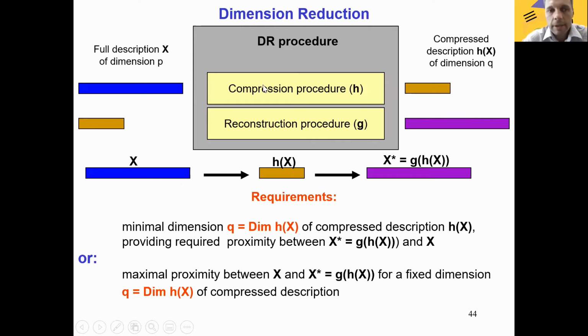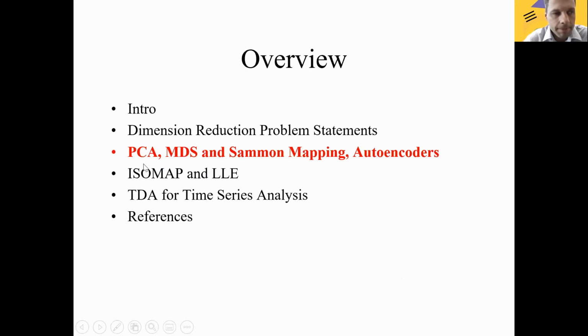So it consists of two parts. The first part is a compression procedure and the second is the reconstruction procedure. Compression procedure compresses a full dimensional description x and obtains a lower dimensional description h, and vice versa. And the requirement is that the reconstructed vector is close to the initial one.